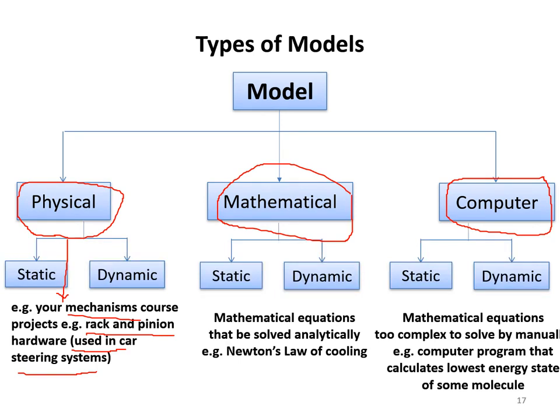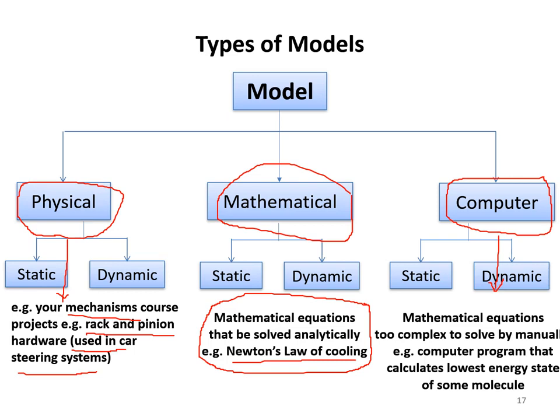A mathematical model describes a system of mathematical equations that can be solved easily or analytically. One good example might be Newton's law of cooling, which requires us to solve just a first order differential equation. The third type of model is a computer model.